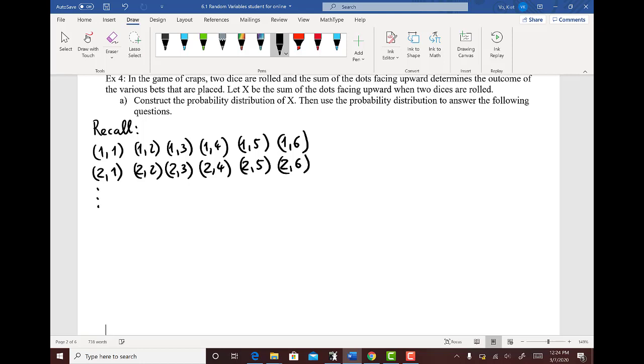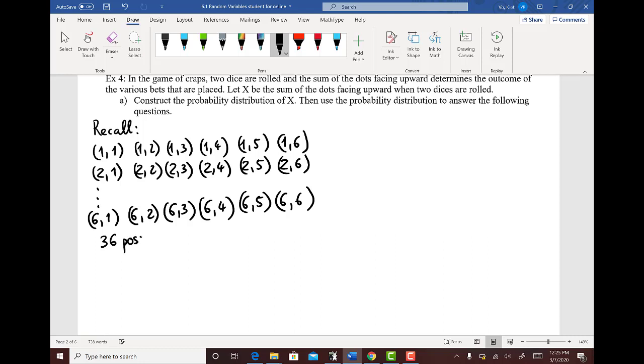We list all of those, and the very last row, you would have 6,1, 6,2, 6,3, 6,4, 6,5, 6,6. So if we list all of them, which we did in chapter 5, there's a total of 36 possible outcomes in this probability experiment when you roll two dice.